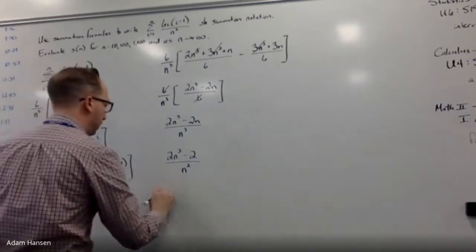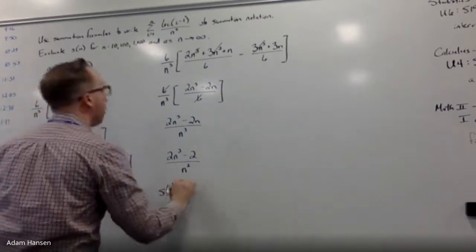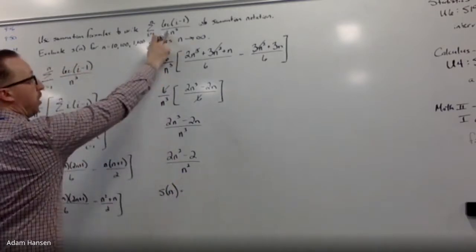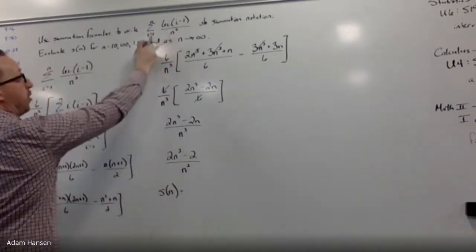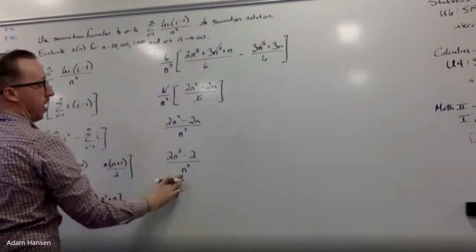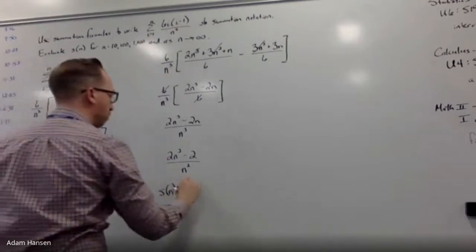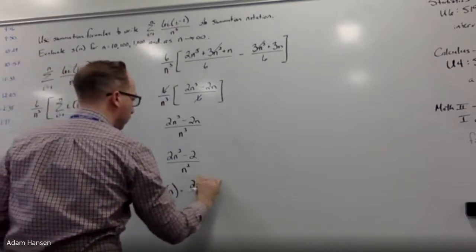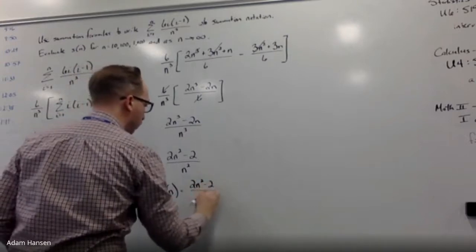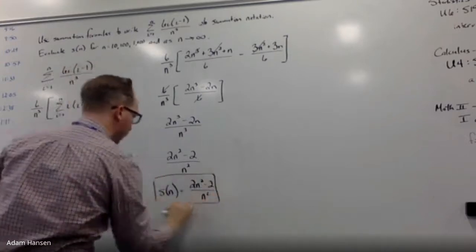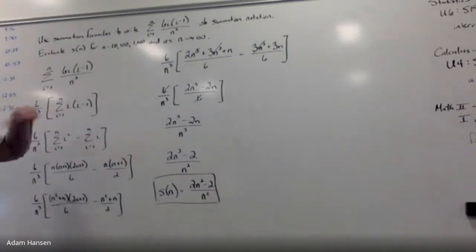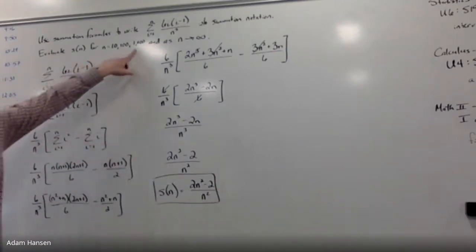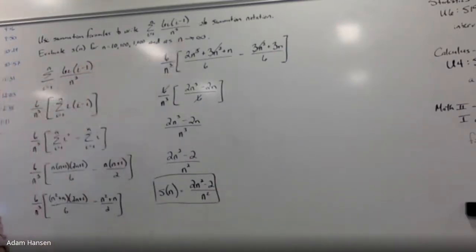Here's our summation formula in terms of n, for our given summation that we started with. Using summation formulas, I took this sigma notation and wrote it as a formula in terms of n. Now we're going to evaluate S of n for n equals 10, 100, 1,000, and as n approaches infinity.